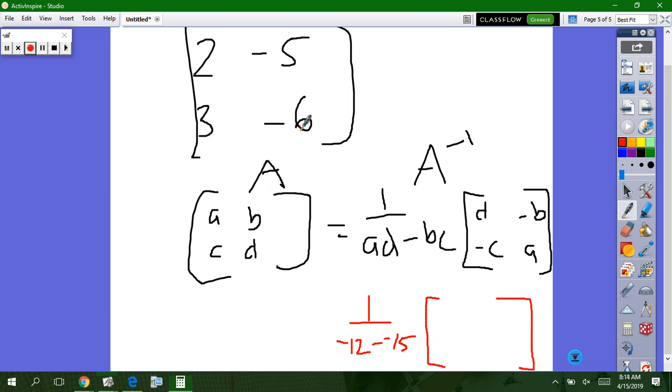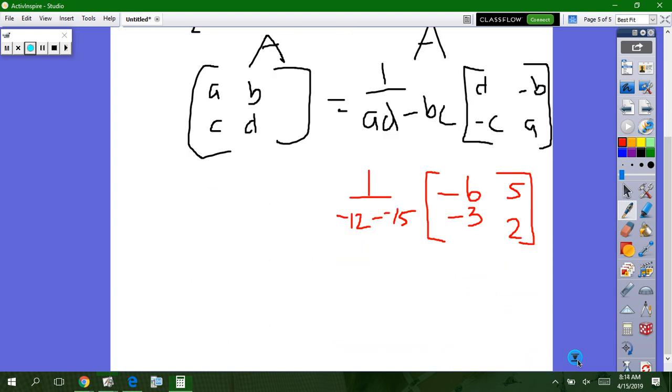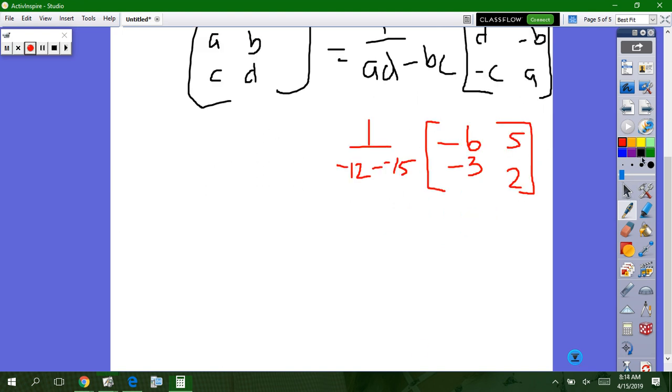So the negative 6 comes up here, the 2 comes down here, and then you just do the opposites. Anybody have questions on where I'm at right now? I switched A and D and did the opposites on C and B. Then this right here is a plus. So I'm at 1 over 3, times negative 6, 5, negative 3, and 2.